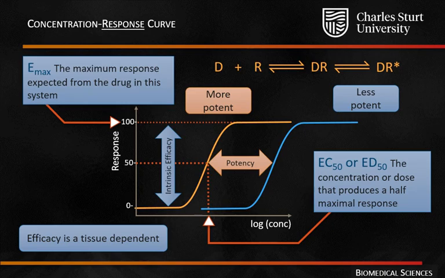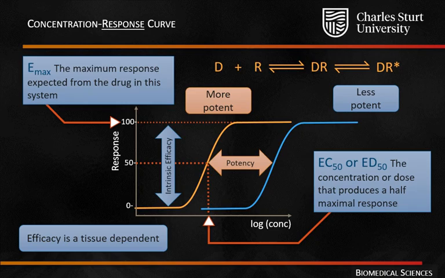The other way of looking at this system, and the other comparison we can do, is we can look at the intrinsic efficacy of the drug and the receptor. So if the curve is lower, if it doesn't reach 100%, then that means the efficacy or the intrinsic efficacy is lower. And we'll look at how that influences the terminology that we talk about when we're talking about drug reactions and drug activity.